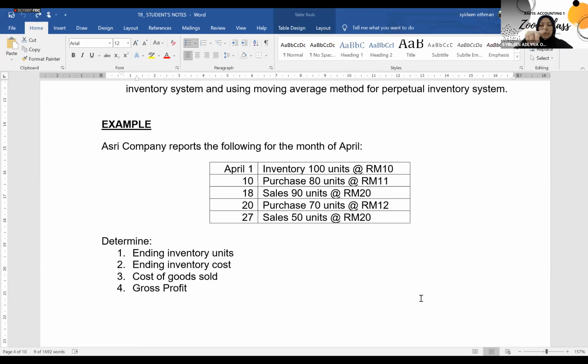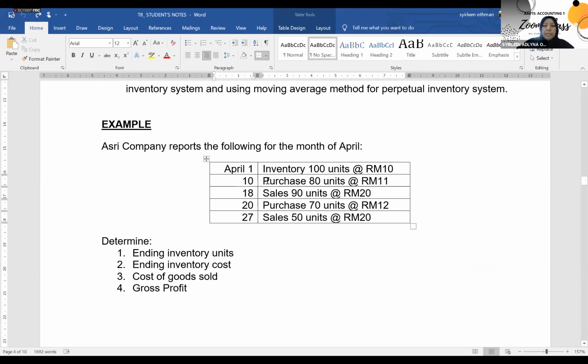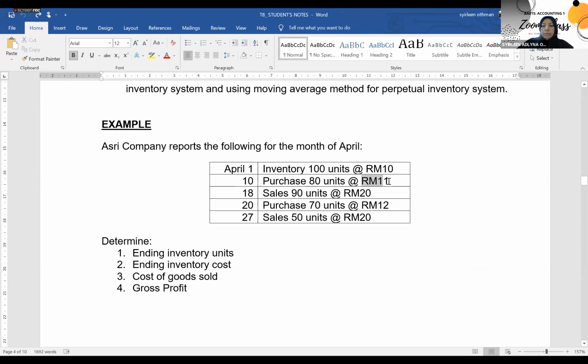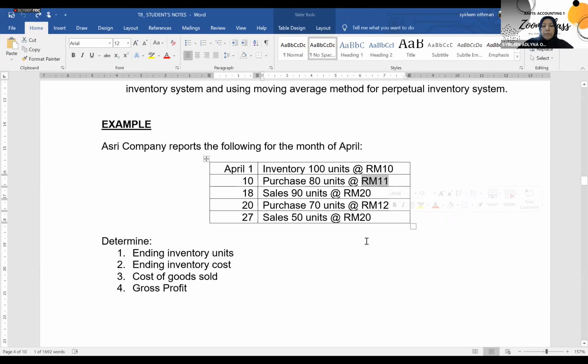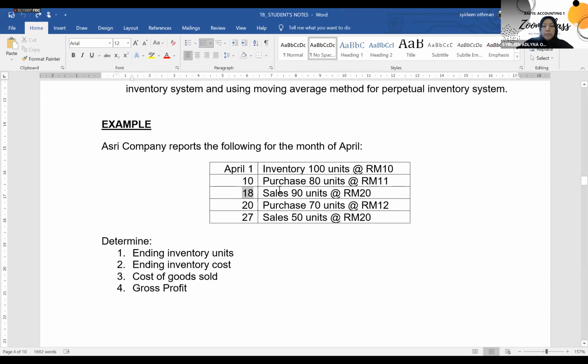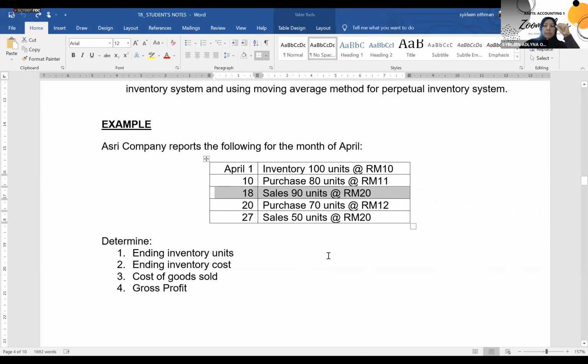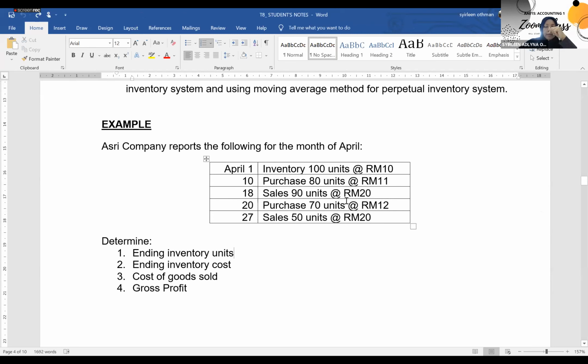Okay, secondly, you tengok dekat sini, 10 hari bulan kita beli 80 units, dan awak beli pada harga 11 ringgit. Alright, and then on the 18 you sold, jual 90 units pada harga 20.